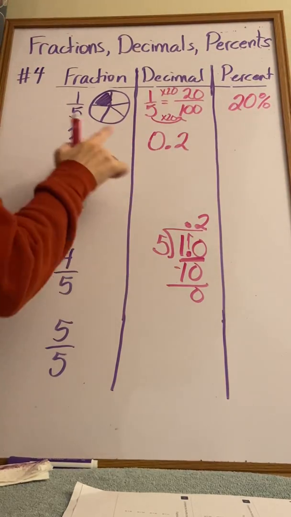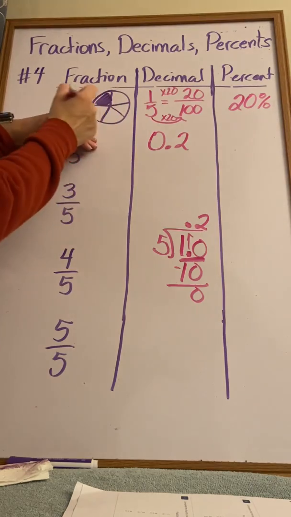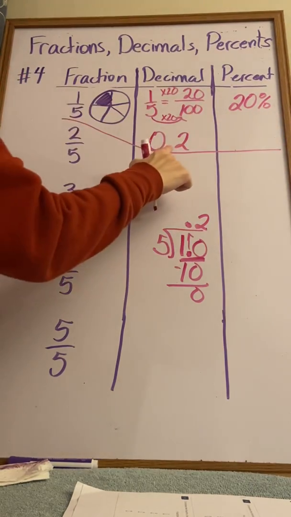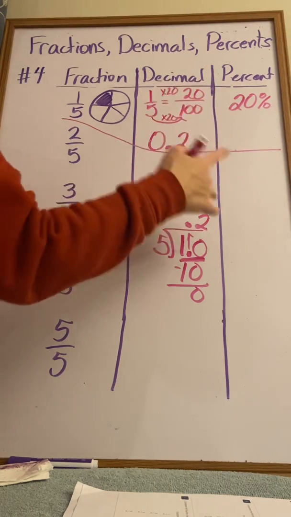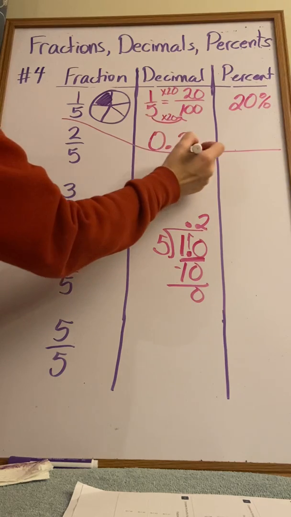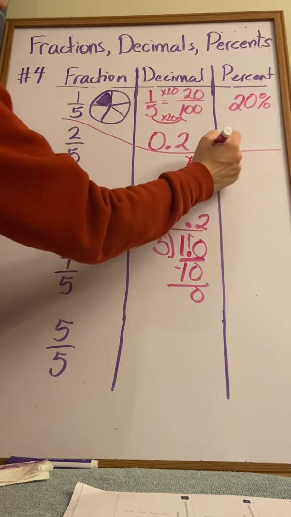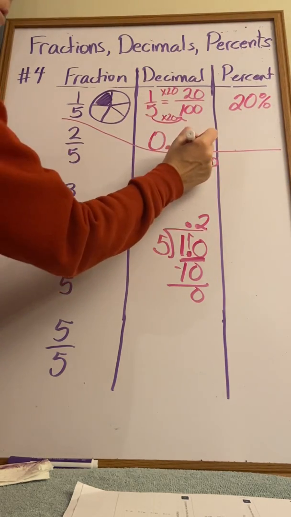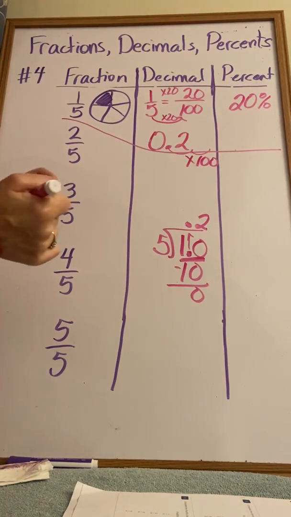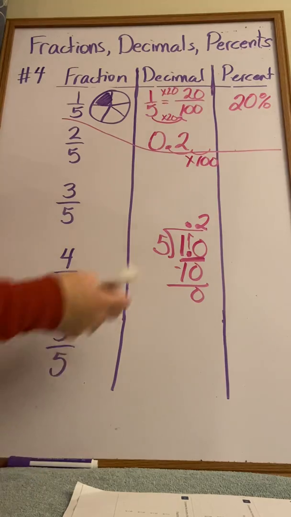All right, so 1/5. Now we're still talking about 1/5 here. 1/5 is the same as 2/10 or 20 hundredths. Now you can move that decimal over, or multiply 2/10 times 100, and that's like moving the decimal over 2 places, and gives us 20%. I'm going to clean that up a little bit.